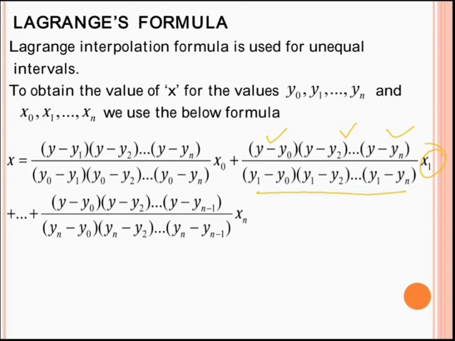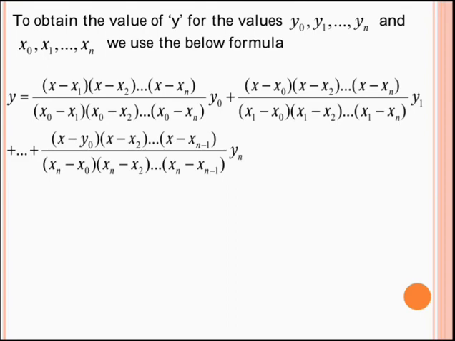So y1 minus y0, y1 minus y2, and so on. I will not take y1 minus y1, because that would be 0, and then the term tends to infinity. So I will subtract each and every term from y1 up to yn. Similarly, I will continue this process up to xn terms.